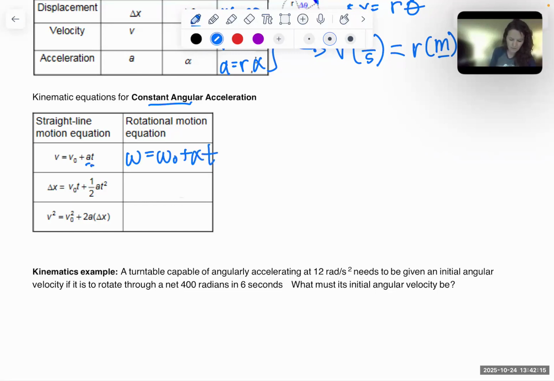Of course, t is just t, because time is time, whether we're going in a line or rotating. And then the next equation, again, we're just translating to all of our rotational variables. So delta theta equals omega naught t plus 1/2 alpha t squared. And the last one, omega squared equals omega naught squared plus 2 alpha delta theta.